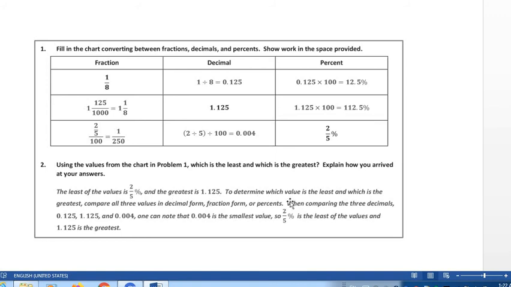To determine which value is the least and which is the greatest, compare all three values in decimal form, fraction form or percents. When comparing the three decimals, 0.125, 1.125, 0.004, one can note that 0.004 is the smallest value, so 2/5% is the least of the values and 1.125 is the greatest.